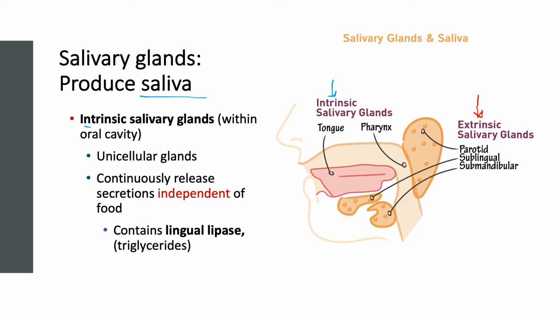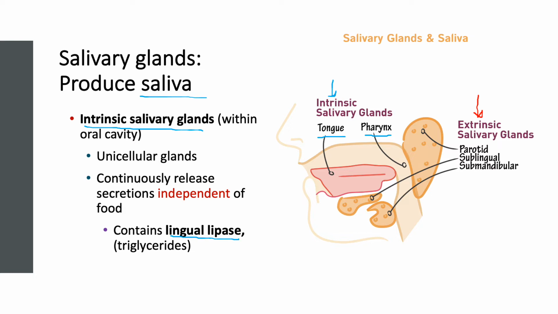So let's talk about these intrinsic salivary glands first that are found within the oral cavity. These are unicellular glands, so one cell, and they can be found on the tongue and the upper portion of the pharynx. And they continuously release secretions independent of whether there's food present in the mouth or not. Now, within the saliva, one of the things they secrete is an enzyme called lingual lipase.